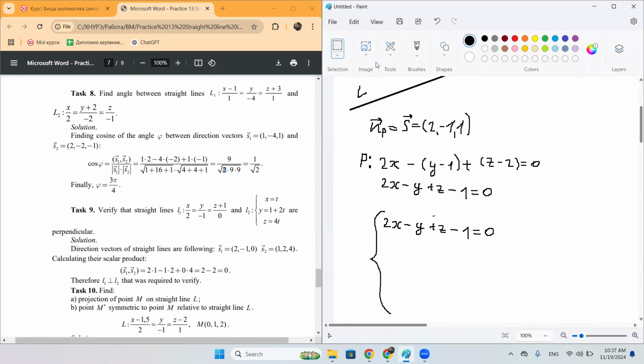And let's rewrite in parametric form the canonical equation of the straight line.